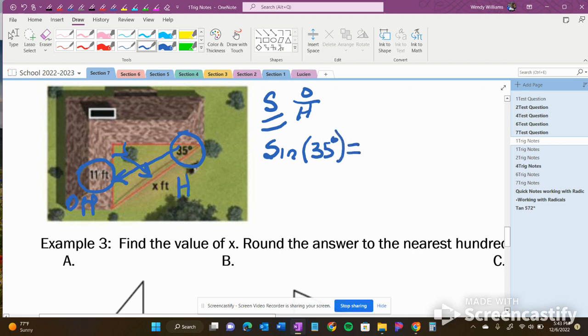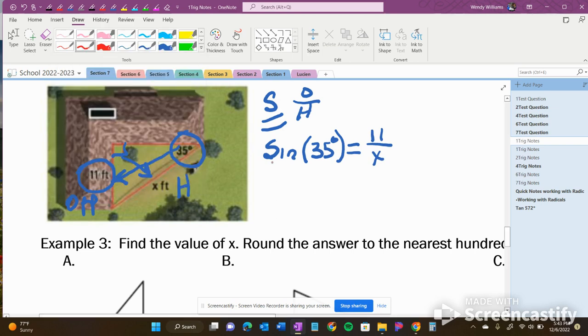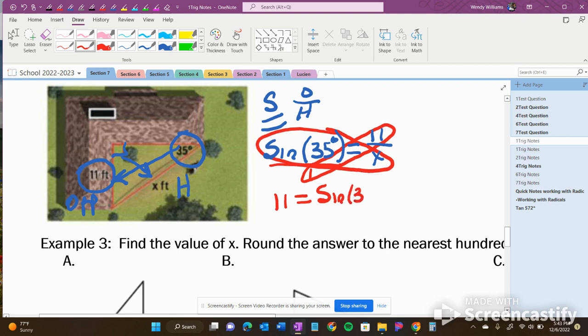And remember, it's just a proportion. The sine equals opposite over hypotenuse. And from there, we can set this over 1 and cross multiply and solve. And we've been doing that a lot lately. All right, 11 times 1 is 11 equals, when we cross multiply, it is sine of 35 degrees times x.